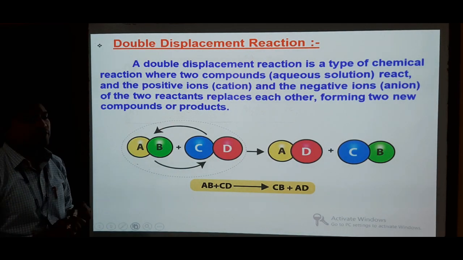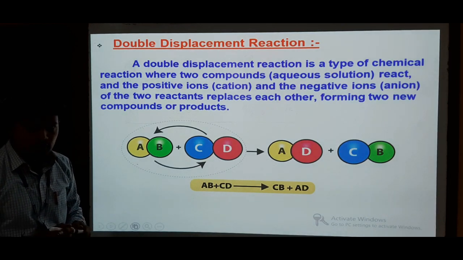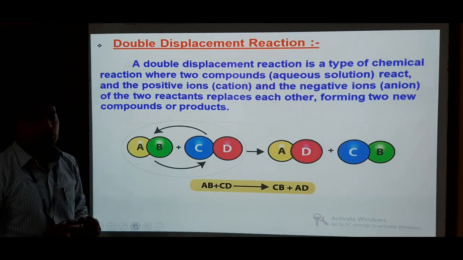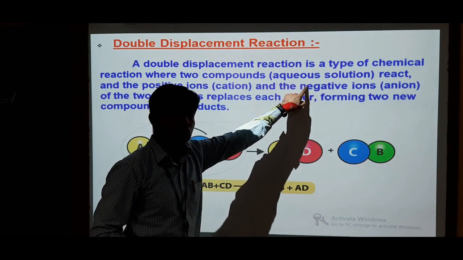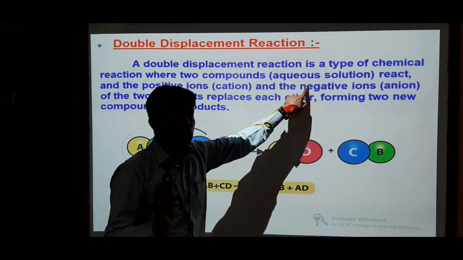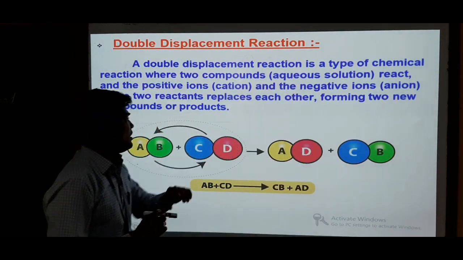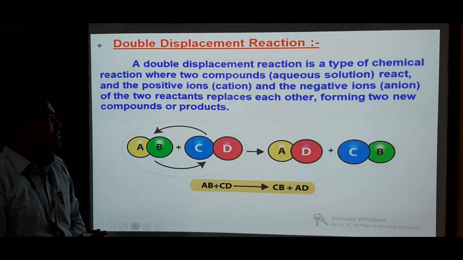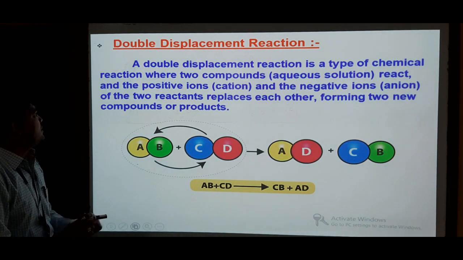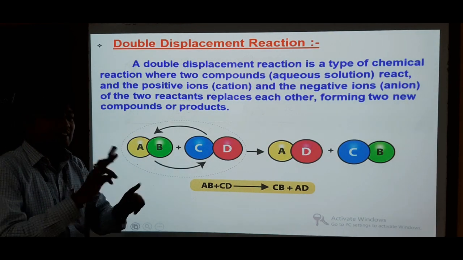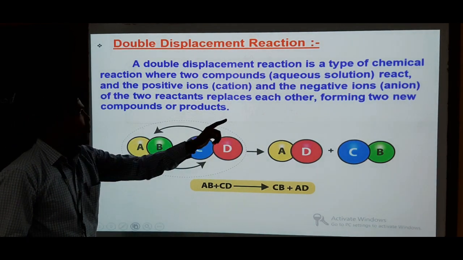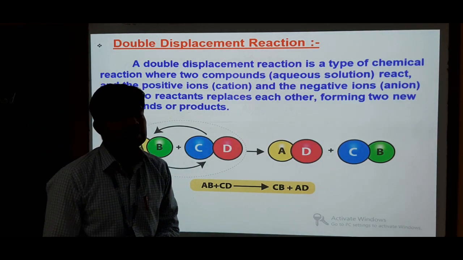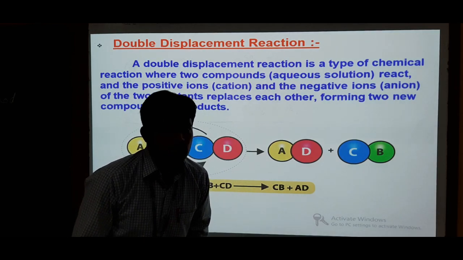Like you can see here, the definition: a double displacement reaction is a type of chemical reaction where two compounds, both should be aqueous, both in liquid state, react, and the positive ions and the negative ions of the two reactants replace each other, forming two new compounds or products.